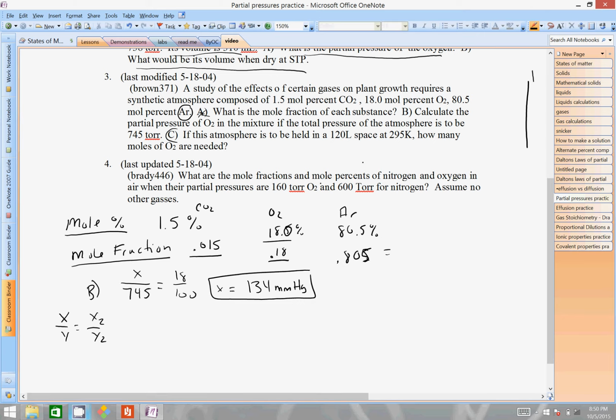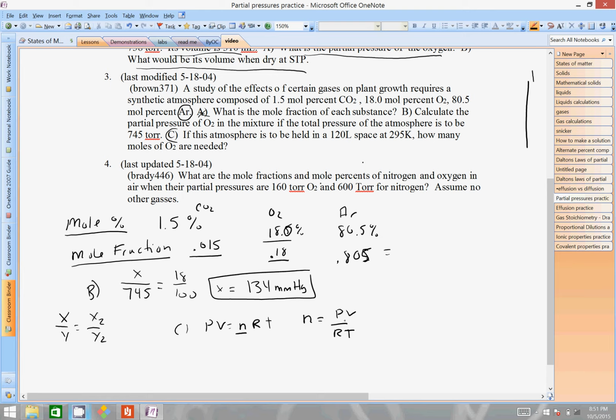C says, if this atmosphere is to be held at 120 liters at 295 K, how many moles of O2 are needed? So C is looking like a PV equals nRT problem, and I want to solve for moles. So n equals PV over RT.